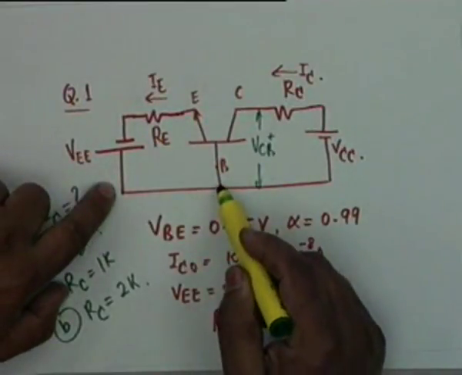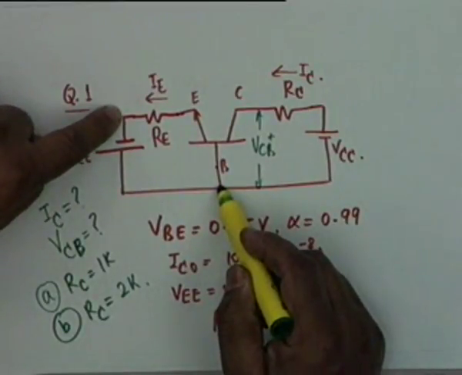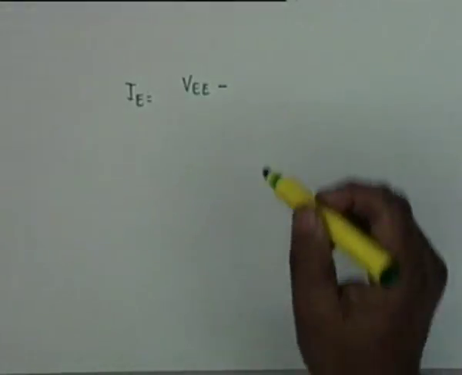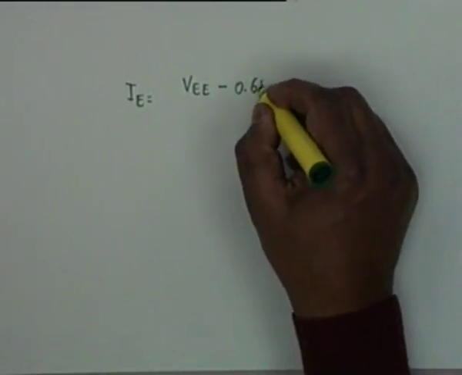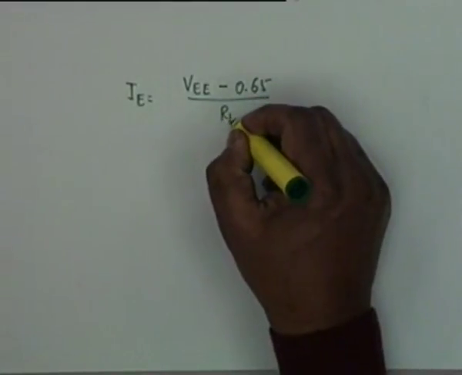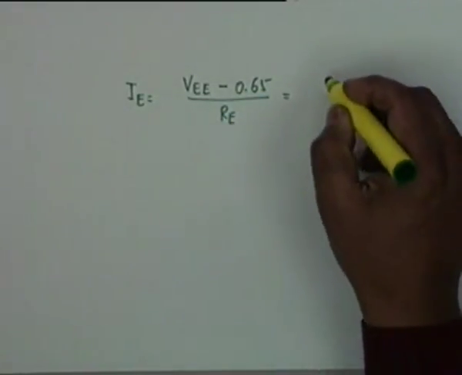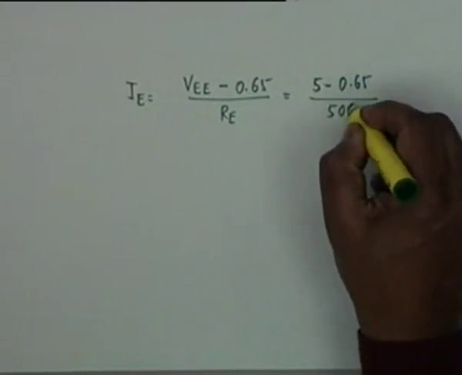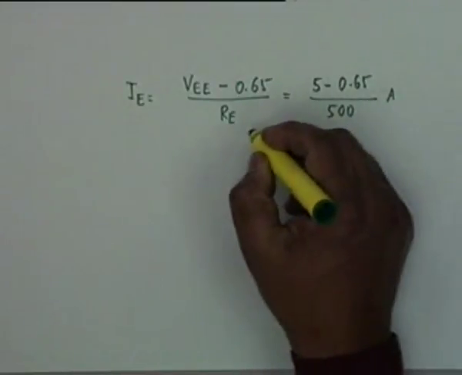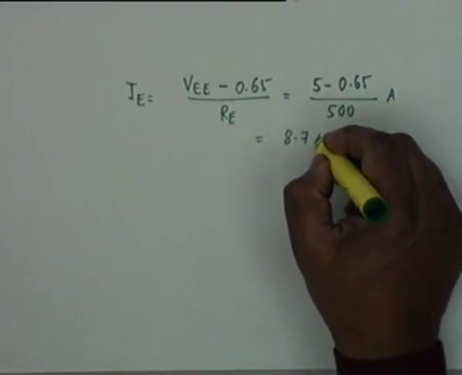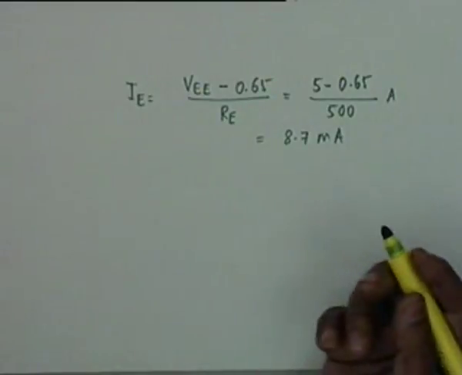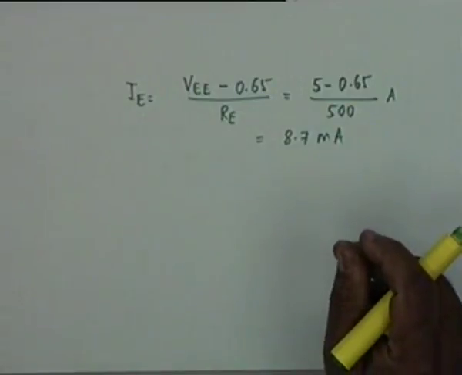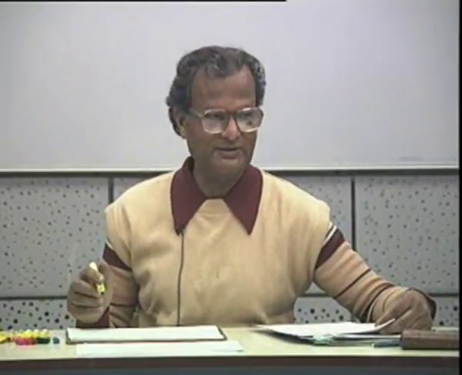This voltage from here to here is 5 volt, and from here to here is 0.65, and therefore very simple application of Ohm's law gives you I sub E, this divided by RE. And if you substitute the values, 5 minus 0.65 divided by 500 ohm, so many amperes, and this comes out as 8.7 milliamperes. I have worked them out, so I'll skip the numerical. If I made a mistake, point this out to me on a later occasion.